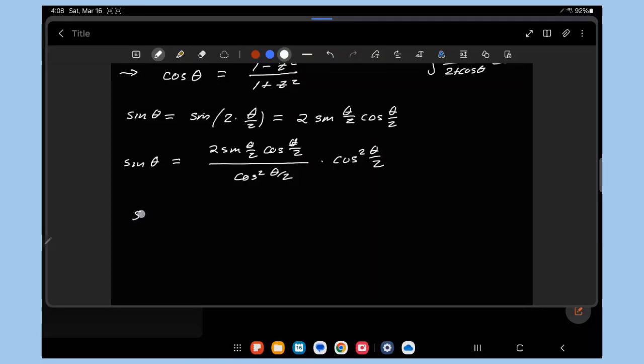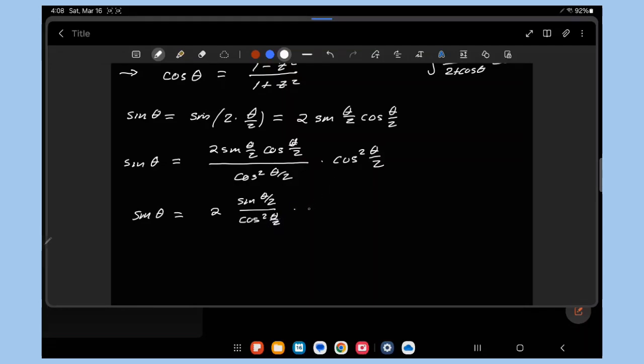So let's rewrite this the following way. If we do this division here, we can write that fraction as 2 times the sine of theta over 2 divided by the cosine of theta over 2.